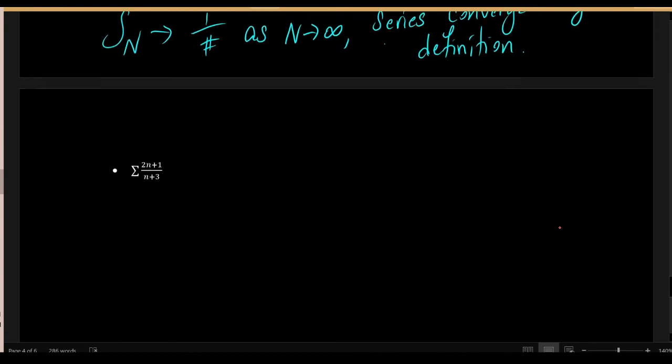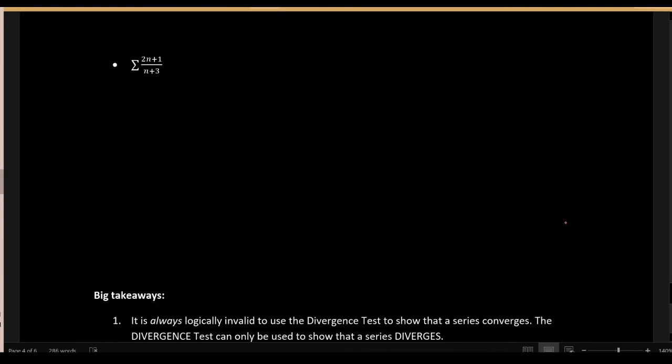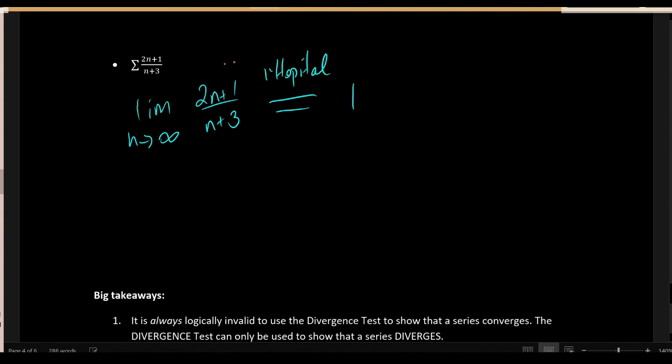Okay, series number 3. What can we safely conclude? If we look at the limit as n goes to infinity of the associated sequence, then once again using L'Hopital's rule, we can take the derivatives and we get 2 over 1.